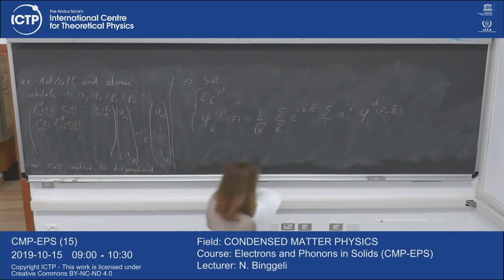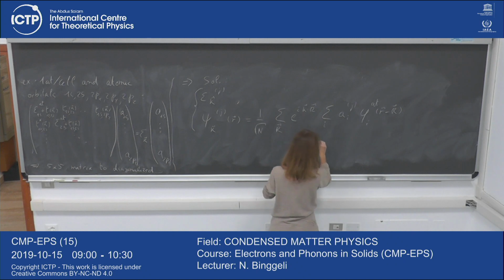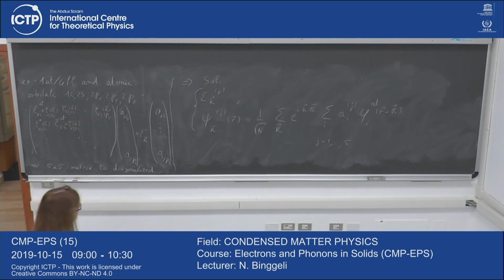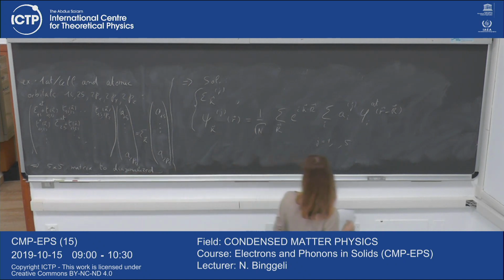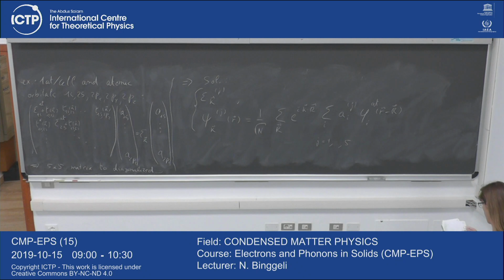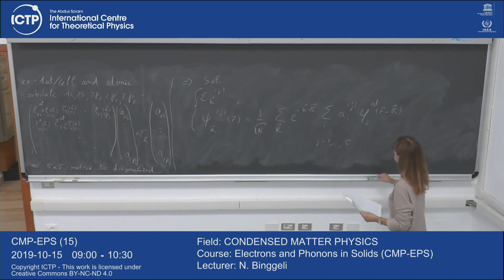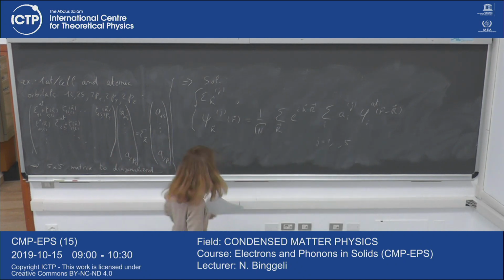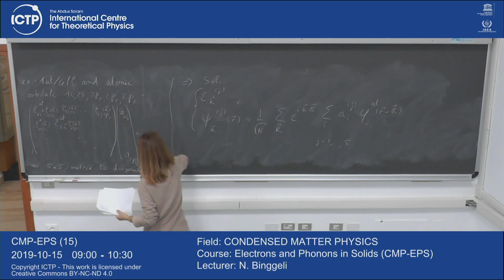This is what one gets, and here the j, that is the eigenstate, goes from 1 to 5. Okay? So these are the solutions in the tight binding model. And the solutions are obviously linear combinations of atomic orbitals.